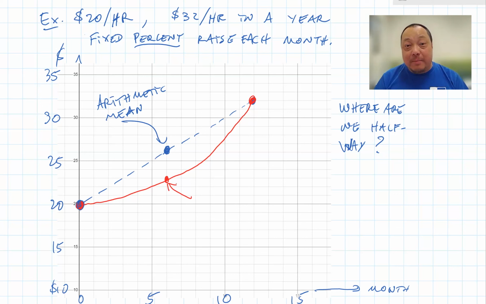At 6 months, I'm making less than $26. The real halfway point is somewhere else. Using the arithmetic mean for an exponential growth would get you the wrong halfway point. We need a different kind of average so that we can get the correct halfway point.